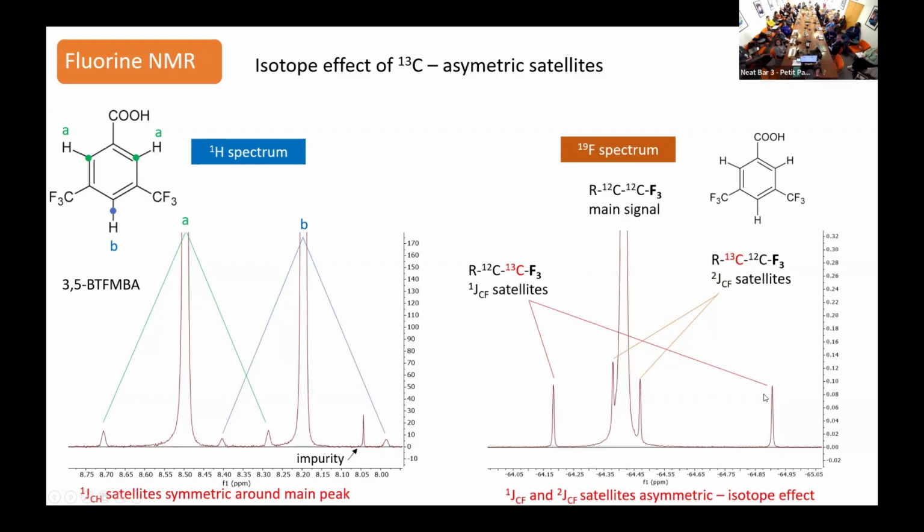And as you can see, they are not symmetric around the main peak because we have an isotope effect. The fluorine bonded to a carbon-13 has a different chemical shift from the fluorine bonded to a carbon-12. And we can see this up to 2 bonds of distance. So for example, here the fluorine has a carbon-13 in the second bond, and still we have a symmetric satellite.